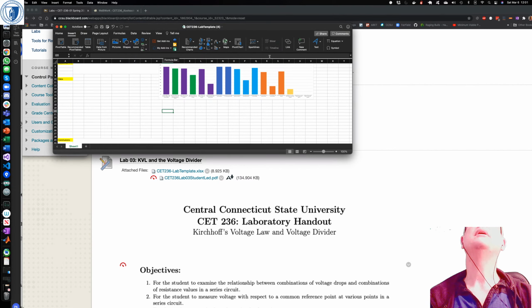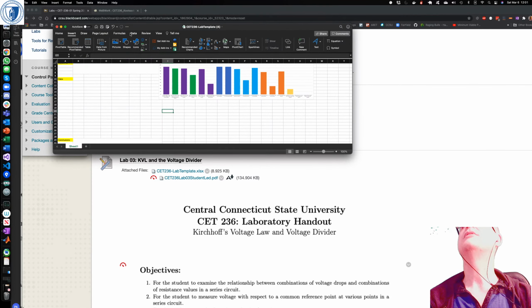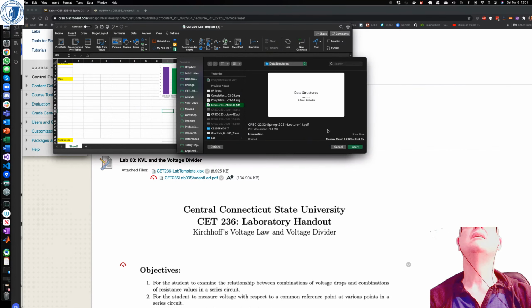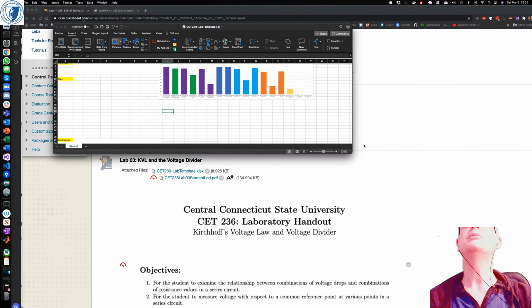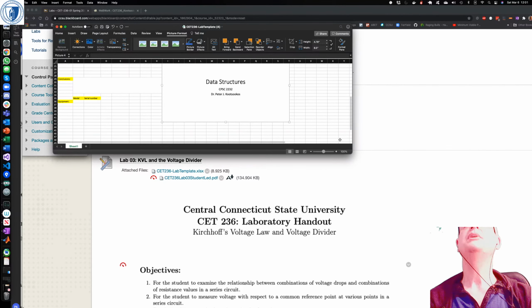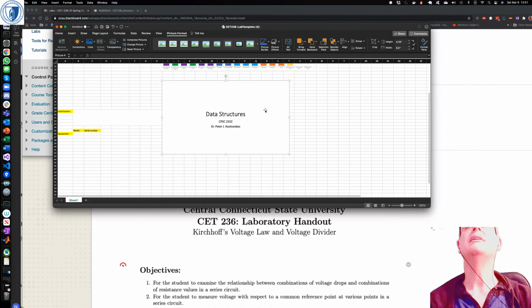That might be harder. I think that's only a photo browser. No, sorry, from file is what I want. Picture from file. Oh well, it's not this course, but there's a PDF document. So you can insert a PDF document in here as well.